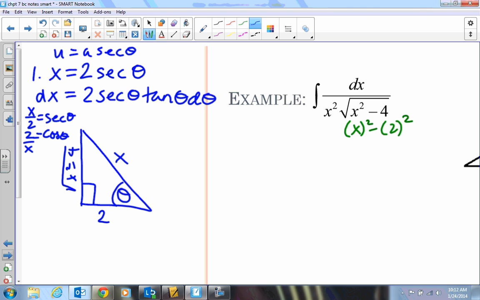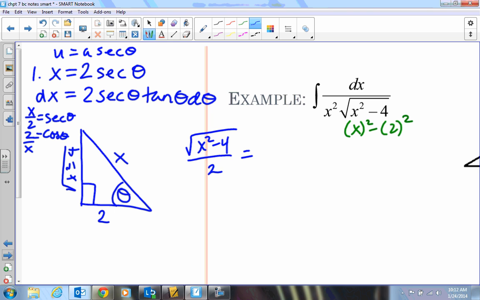And pause. Does that radical match the radical of the problem? Yes. So can I keep going? What's my next step? What's the radical over a number?